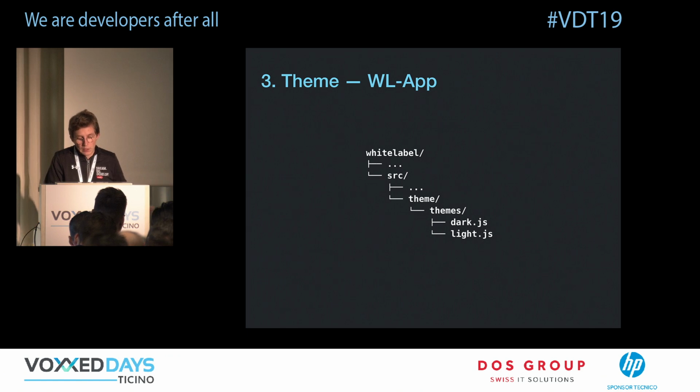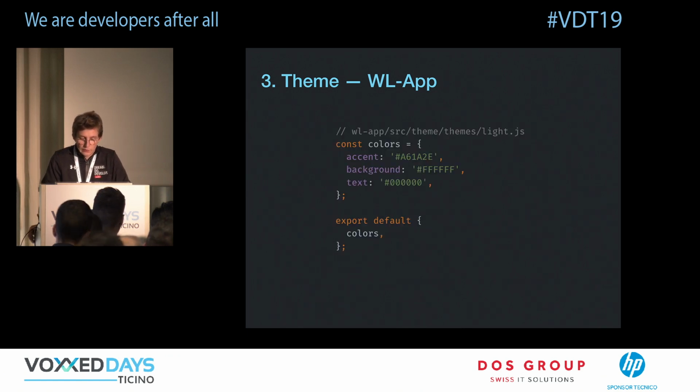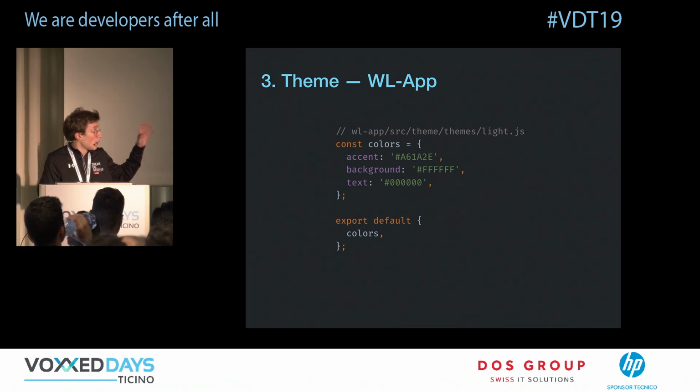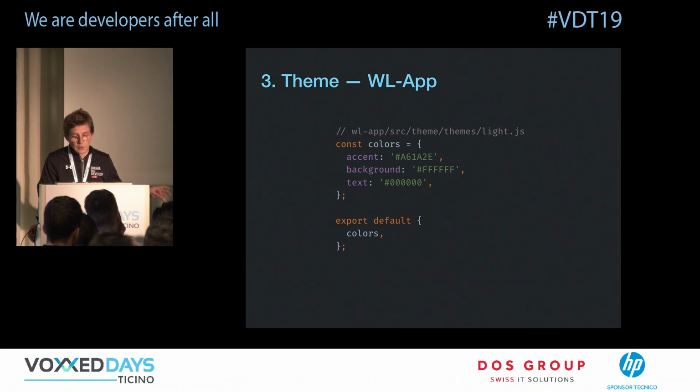So one will be dark, one will be light. And if we look closely at the light theme, we define a color palette with accent colors, background, text, white background for the light theme, and dark text, and we export those colors.